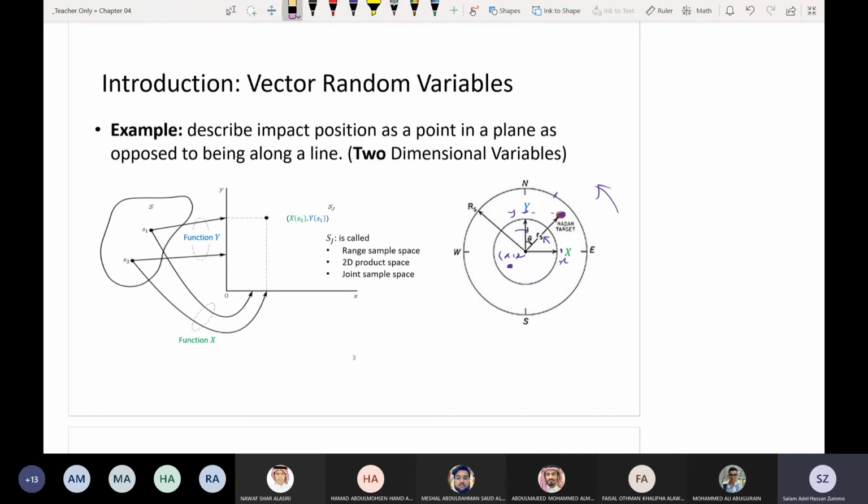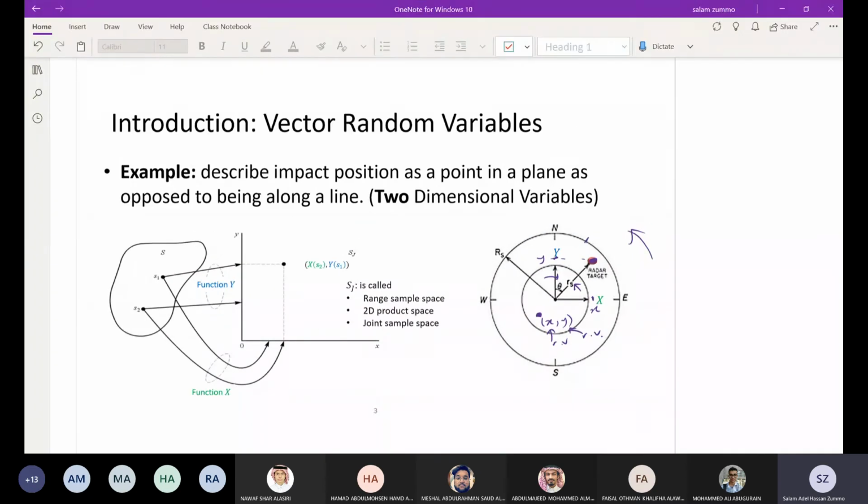You might be interested in the x and y. Now, x is a random variable and y is another random variable. Okay? Now, what we will do in chapter 4 is try to study how we can describe these two random variables together. We will define them, we'll talk about their distribution and so on.